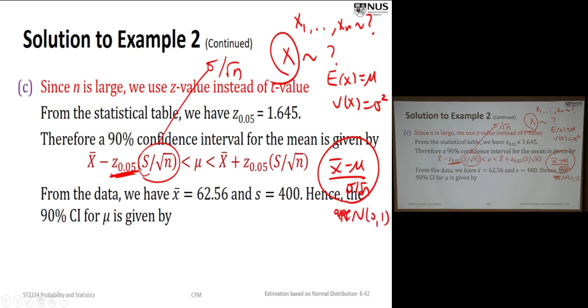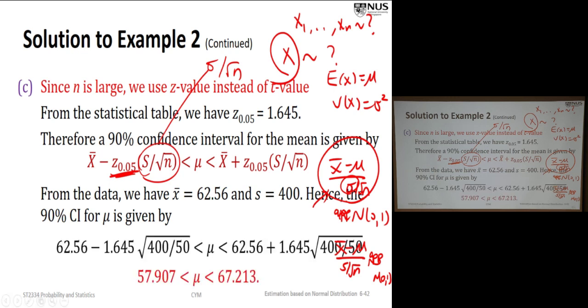And we can replace this by the sample standard deviation. So this one again is approximately normal, but of course the approximation may be even worse than this one. So that's how we get this confidence interval.